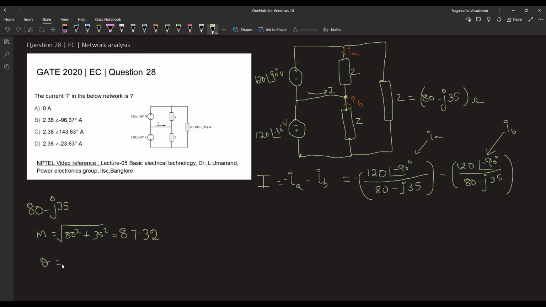The angle will be the tan inverse of minus 35 by 80, which is minus 23.605 degrees. So 80 minus j 35 can be said as 87.32 angle minus 23.605 degrees.